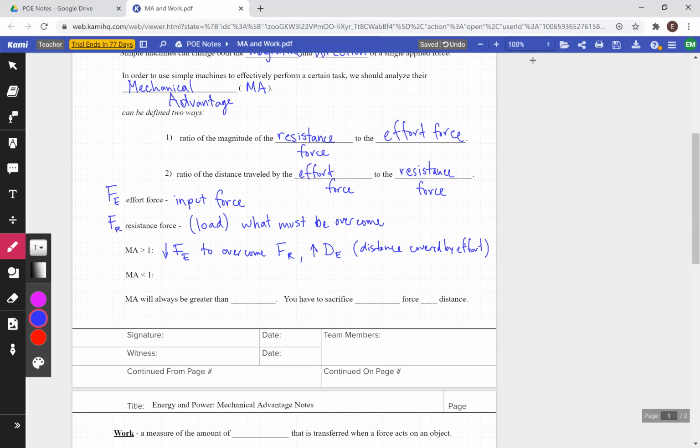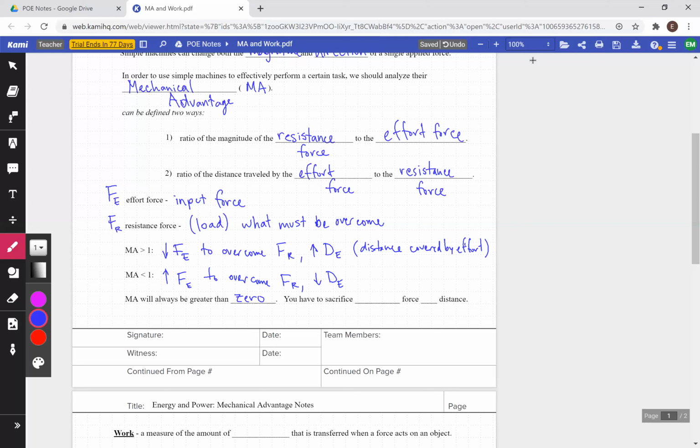If your mechanical advantage is less than 1, you'll be increasing your effort force to overcome the resistive force, but you don't have to travel as far, right? You can decrease the distance that your effort force travels. But mechanical advantage, regardless, is always going to be greater than 0.